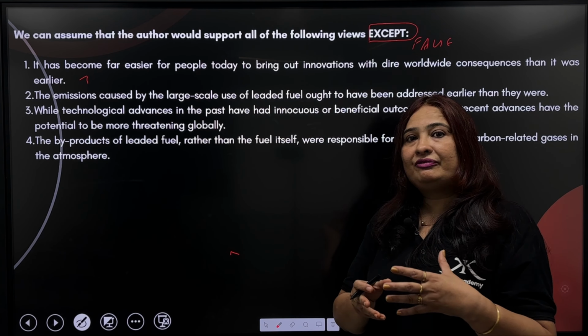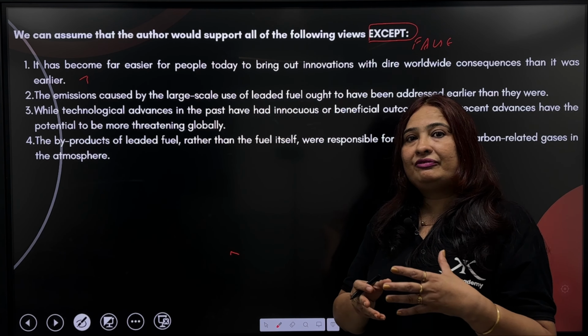Now, the secondary effect of past inventions mostly resulted in the creation of new inventions. Now, as you can see, the word mostly is given and mostly is an extreme word. So just because of this word, I can eliminate this. So yes, this cannot be my answer.